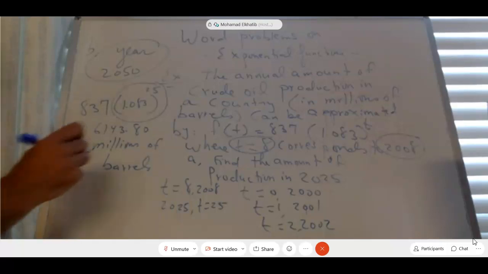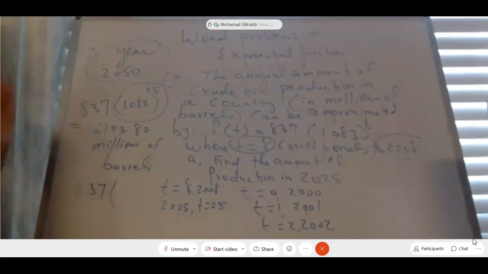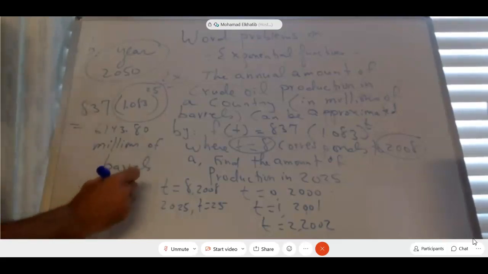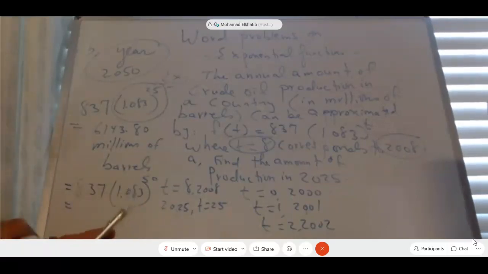Okay, let's see if you get it right. I will use the same formula, but I need to replace t with what? 50. So I will do the exponent first. 1.083 raised to the power 50 times 837.